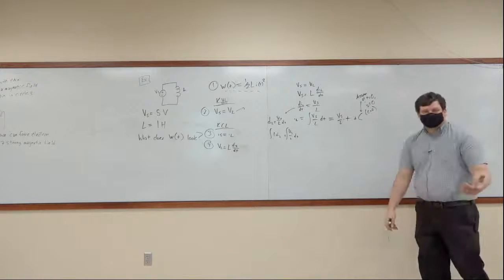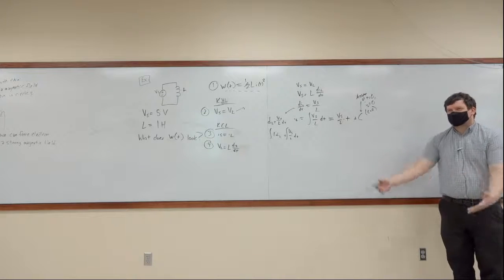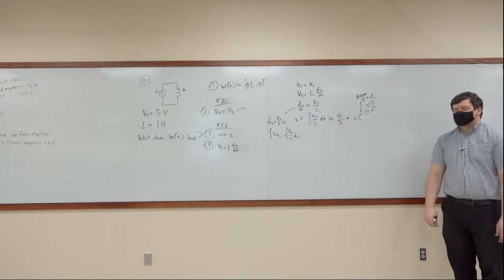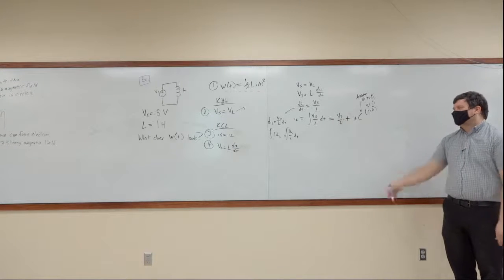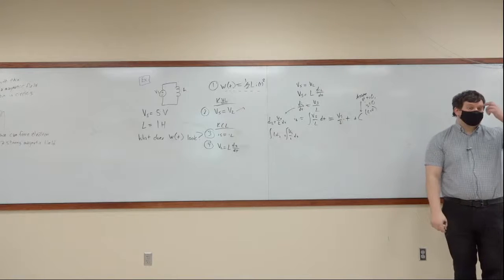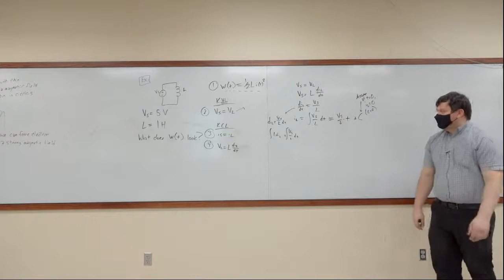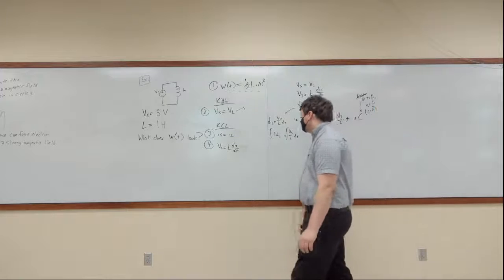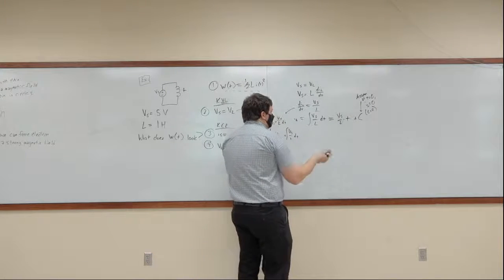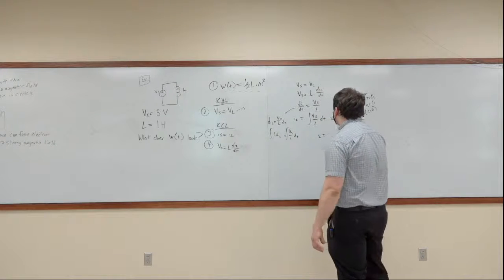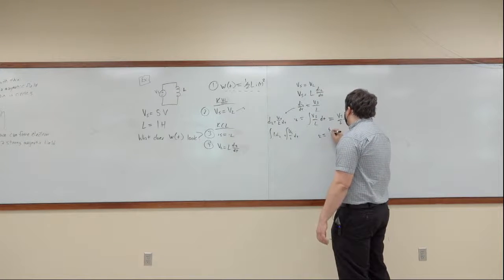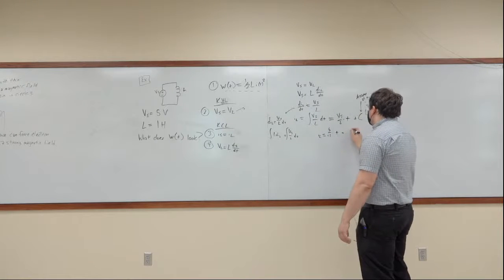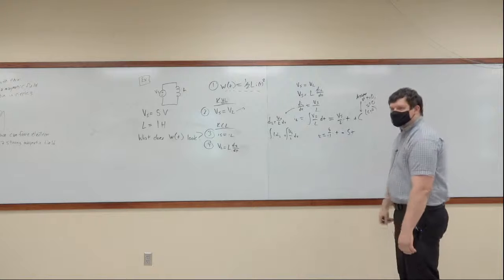But you have to do that any time you do your integrals, we can't just throw that away. It does depend on the initial condition here, because it is cumulative. This is one of the cumulative relationships. Okay, so IL is equal to 5 over L times t, that's right, 5 over 1, which is just equal to 5t. That's not too bad.